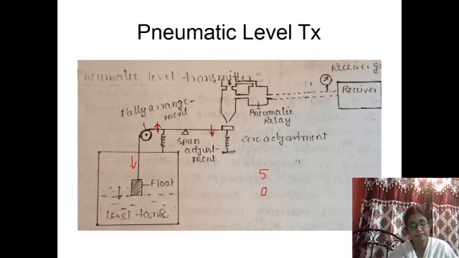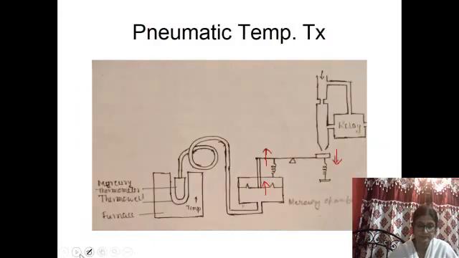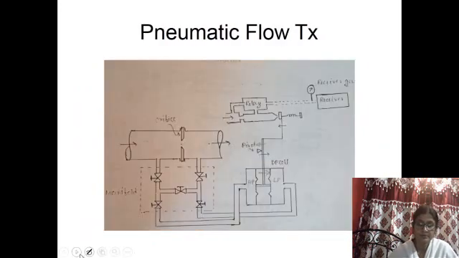You may use this from 0 to say 3.5, or maybe minus 0.5 to 4, like that. So this 0 value can be changed. This is called zero elevation or zero suppression, by adjusting the screw of this gap.